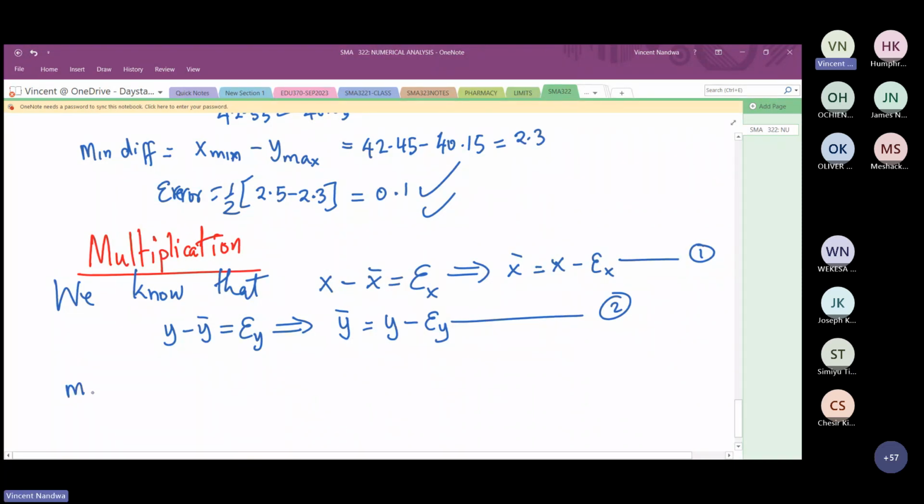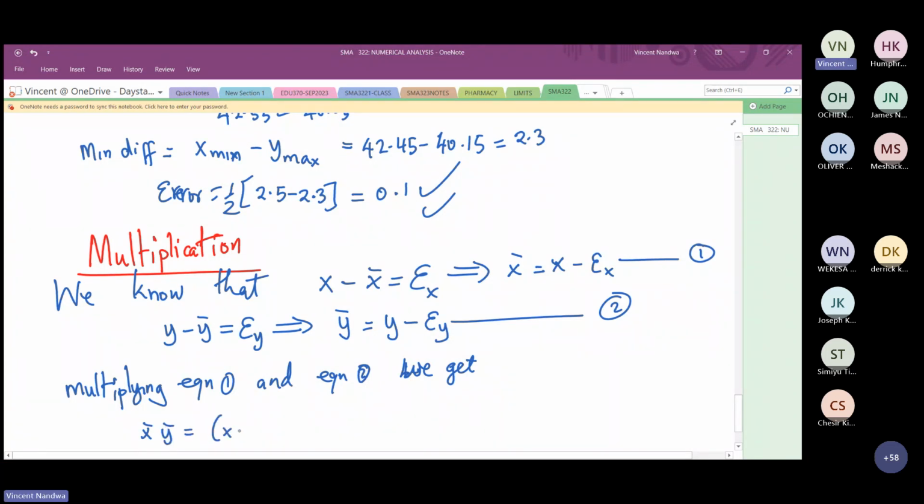So multiplying equation 1 and equation 2, we get x̄ multiplied by ȳ is going to be (x minus error in x) into (y minus error in y).